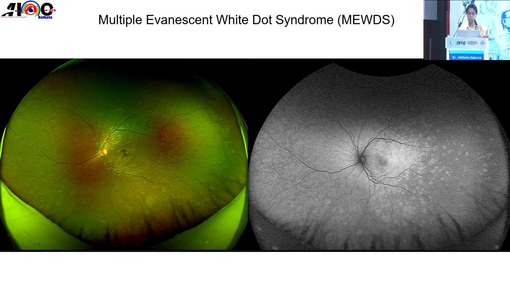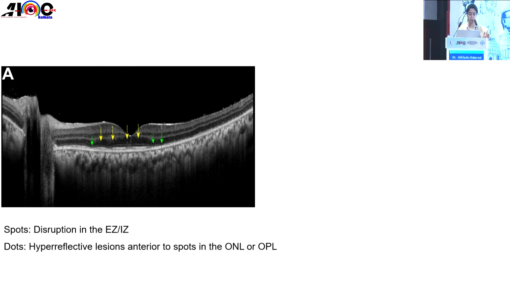Coming to MEWDS. Now, MEWDS is a disease of the photoreceptor layer, and we see small dots, less than 200 microns in the posterior pole, and larger spots which go up to the mid-periphery. Hyperautofluorescence is seen due to unmasking of the RPE because there is loss of the photoreceptor layer.